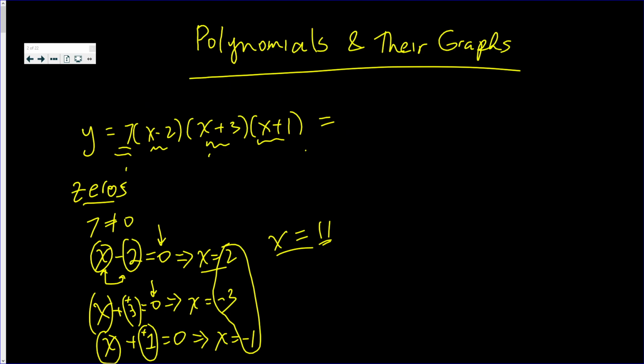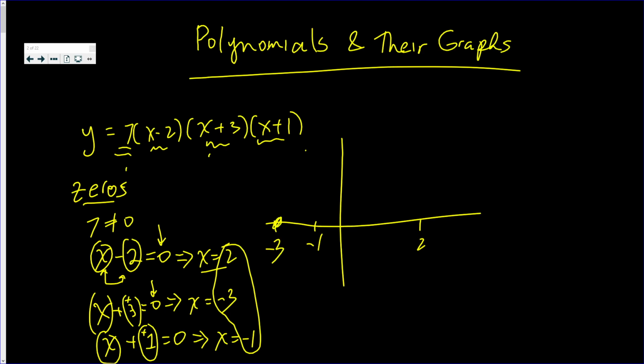Okay. So, we know all of the zeros. 2, -1, and -3 are all zeros. So either the graph goes like that, or the mirror image.